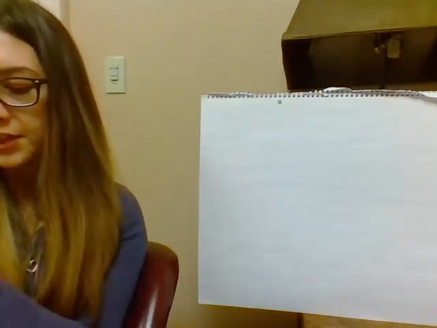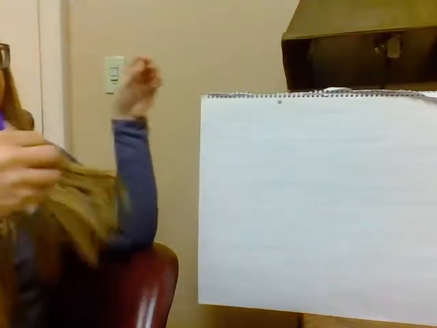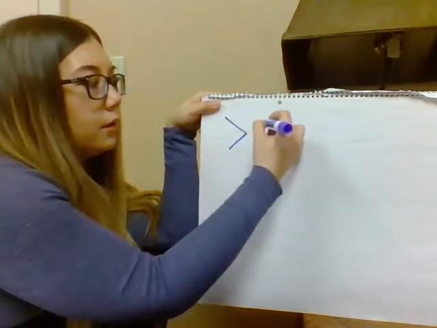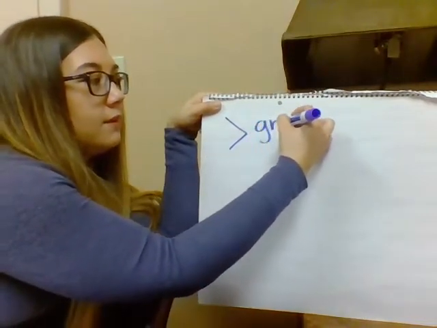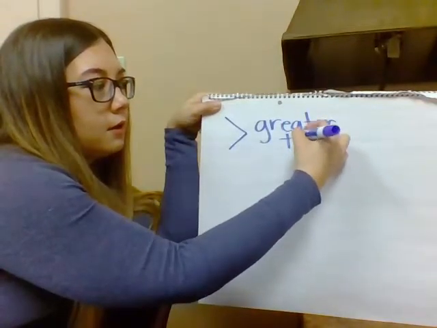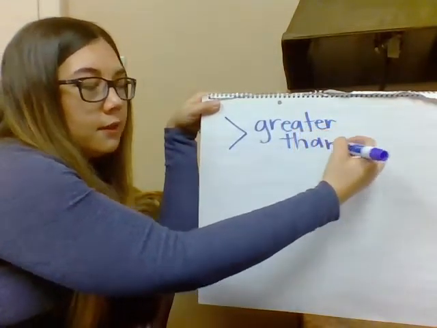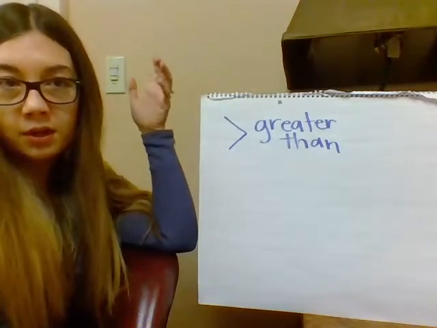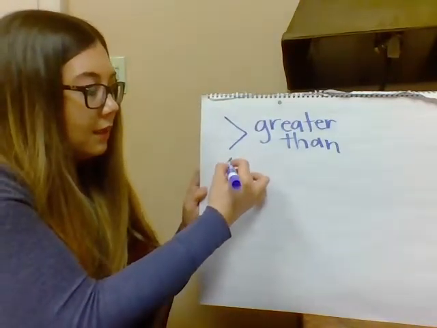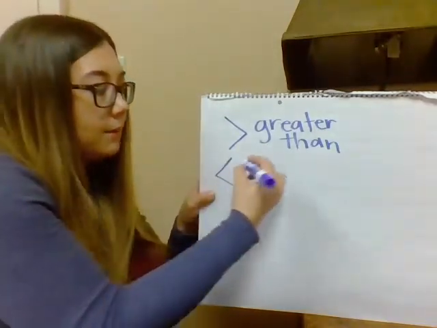So the first thing I want to show you is the greater than symbol. We use this to say something is greater than something else. There is a bigger amount. There is more of it. We also use the less than symbol.